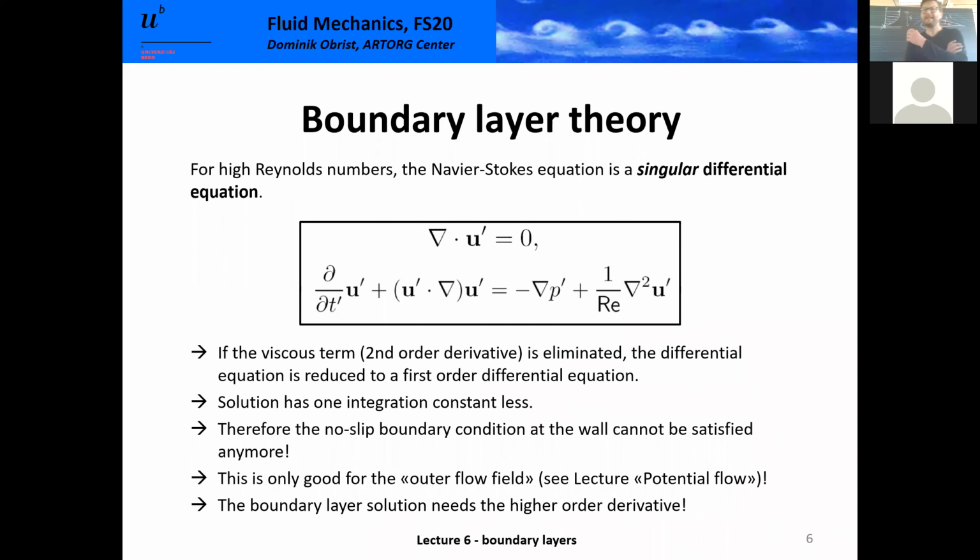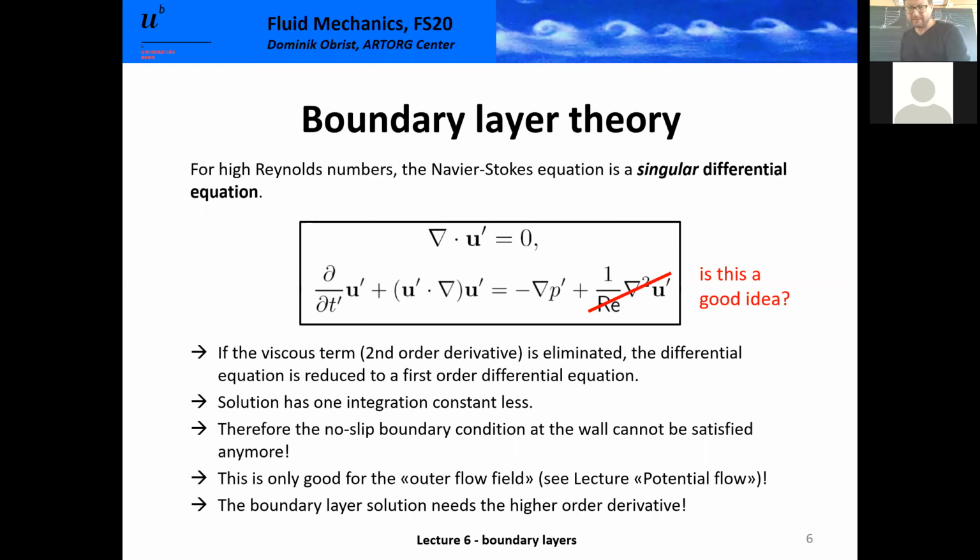So what does this mean in terms of the equations? We have here our basic Navier-Stokes equations again. And you see on the top line, the continuity equation, actually this will remain as it is. But on the second row, where we have the momentum equation, we have this last term, which we usually call the viscous term. This is where the viscous effects are contained.